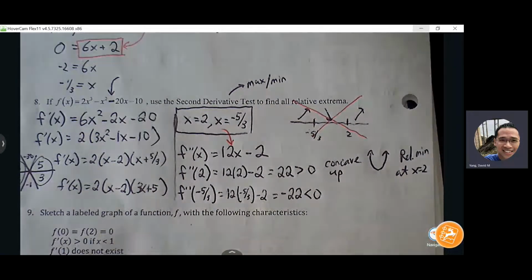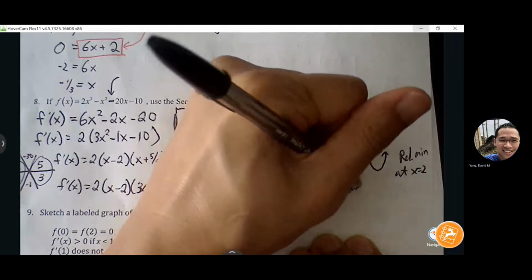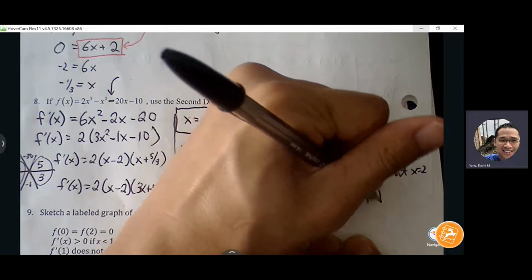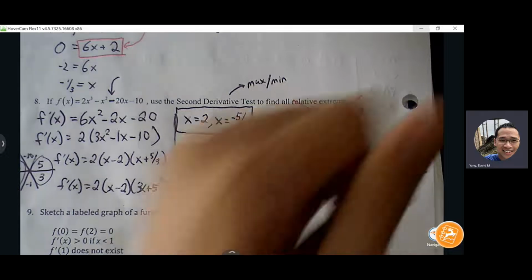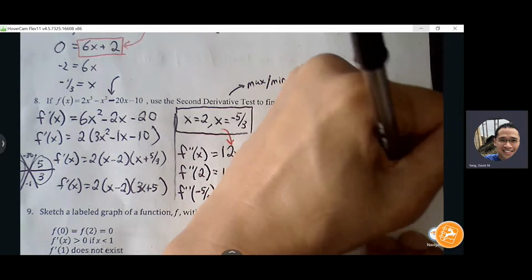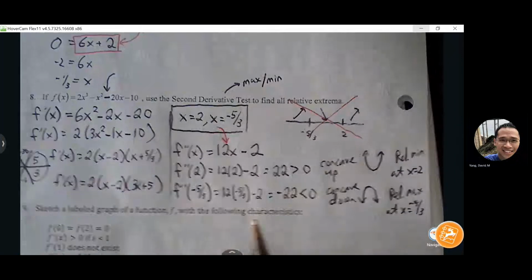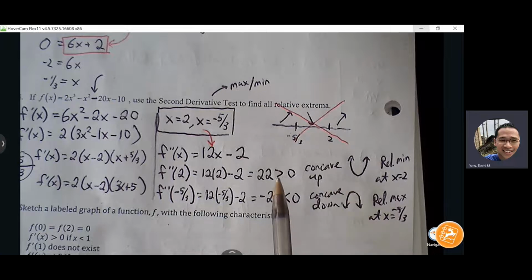This must mean that this graph is experiencing concave down. Let's visualize it. Concave down looks like this, which means that the important point here must be a relative what? Max, yeah. At x equals -5/3.